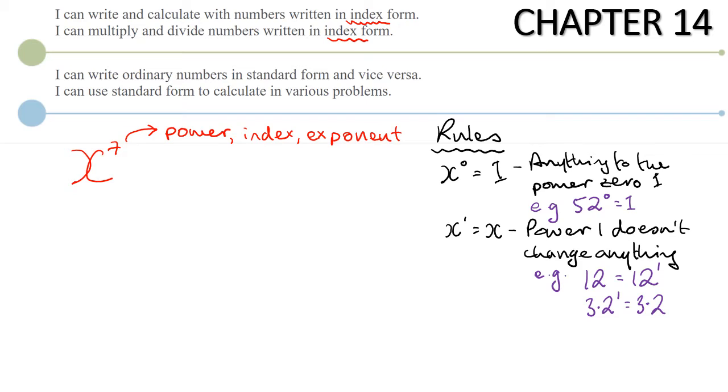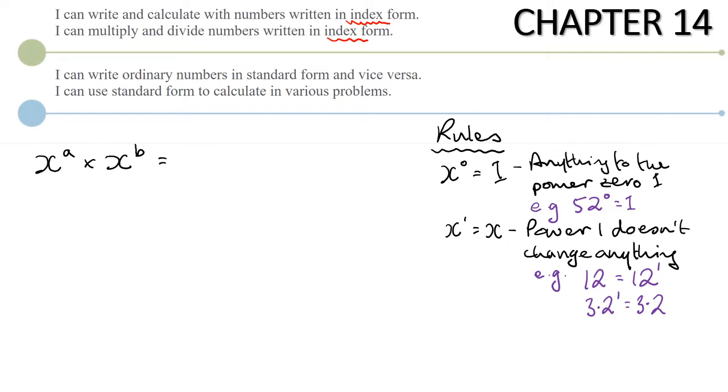Okay, so these are not really rules, but these are things that always happen to any number, or even if you had a letter there. How about some other rules? Well, we've got a rule here for when we multiply. When we've got something to a power times something else to the power, the rule is that we add the powers. When we multiply, we add.